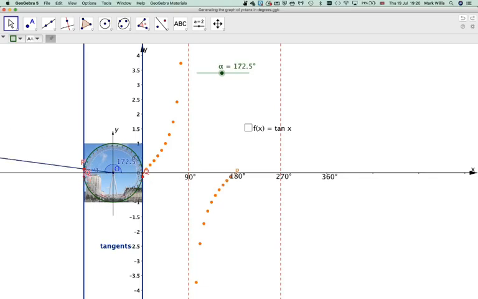At this particular point here at 180, tangent will be equal to 0, and then we get into the third quadrant. Now in the third quadrant, the opposite side is negative, and also the adjacent side is negative, and a negative divided by a negative gives a positive. So this length here, which would be the negative one, will have to be positive. So we've got this one coming up here, and we can see in the third quadrant that this point would correspond to this one here.